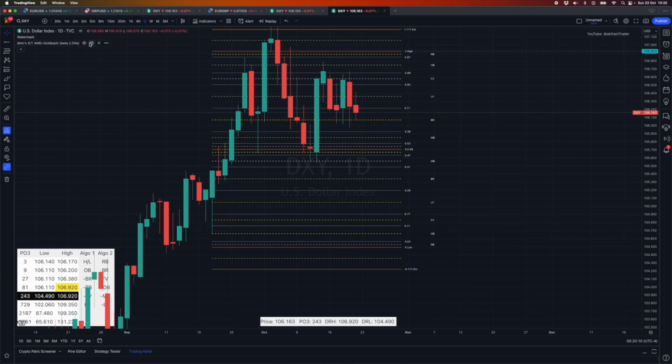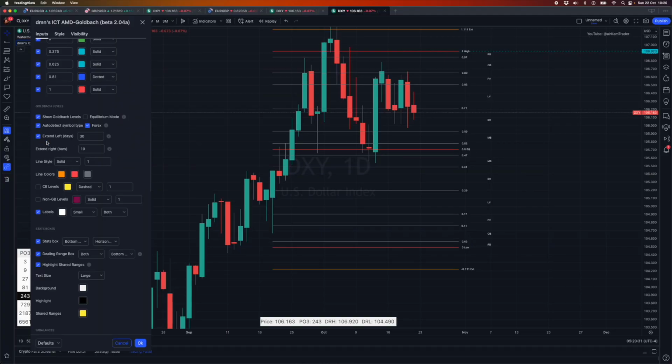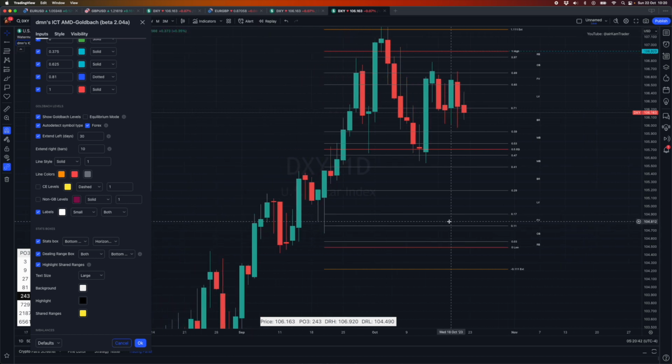So let's take off CE. Now this box here comes in handy when you're looking for price to be playing within a range for a long period of time. So you can see that this price action here, we can't exactly see which GB level it matched up with, in which case you would extend this number out to the left a little bit more, and then the lines are extended.